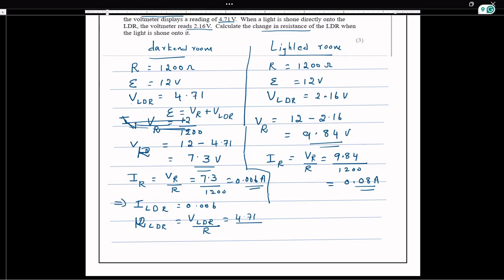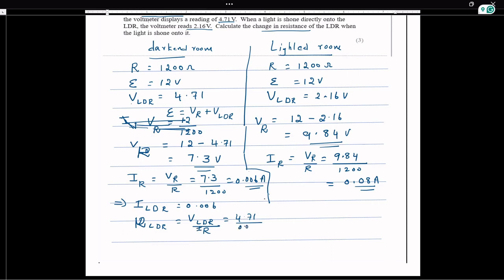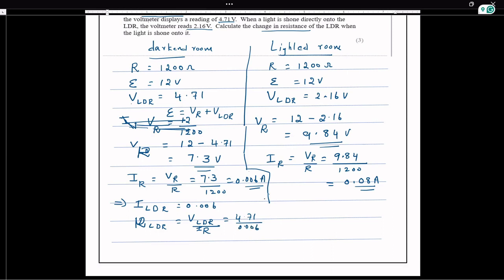Sorry, not the resistance, voltage over current, V over I. What is the current? Current is 0.006.